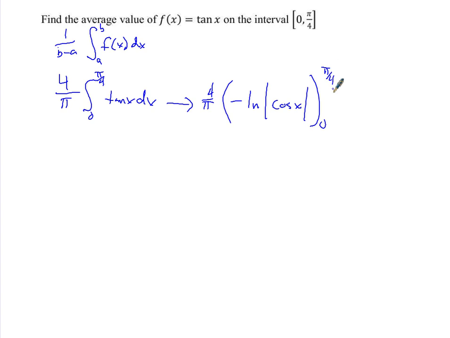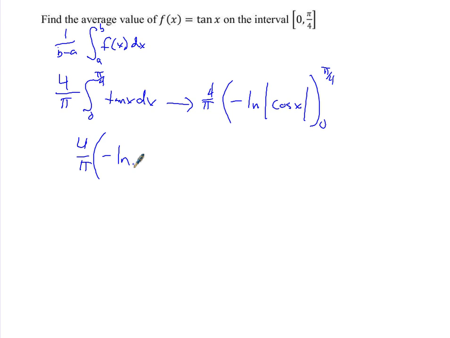Okay, so we do that. What do we get? 4 over pi. I'm going to leave that negative alone because I'm not confident in pulling that negative out. So negative natural log of cosine of pi over 4, which is square root of 2 over 2. Do I need the absolute values?